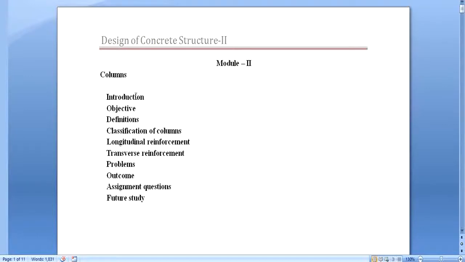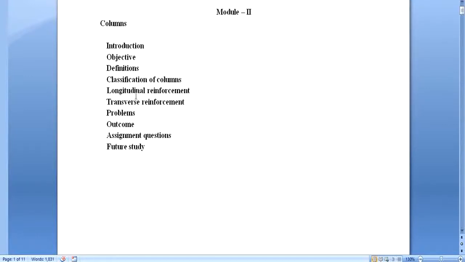In these notes I am covering the introduction to columns, objectives, and definitions. There are various definitions and terminologies we need to study. Then classification of columns, longitudinal reinforcement design, and transverse reinforcement design, where I am going to cover the clauses. After that we are going to cover the problems.